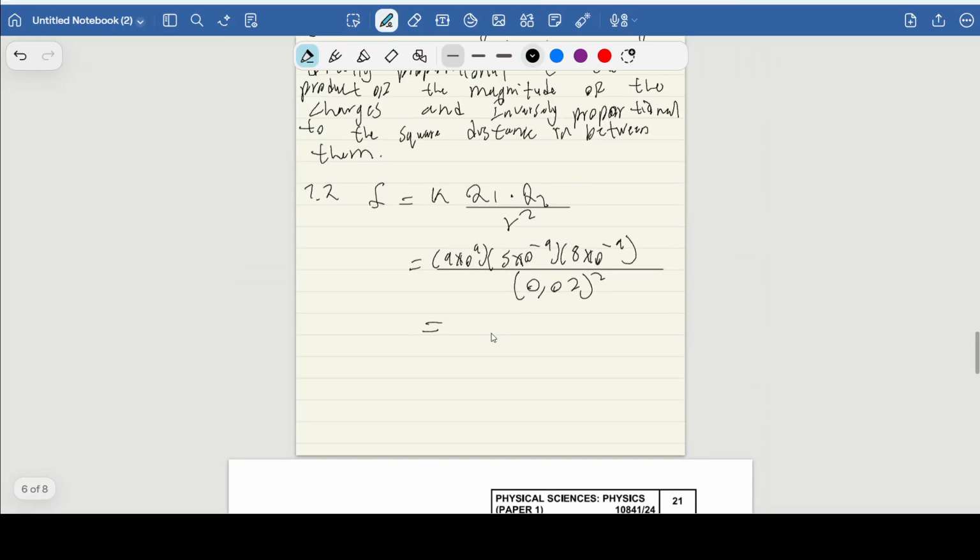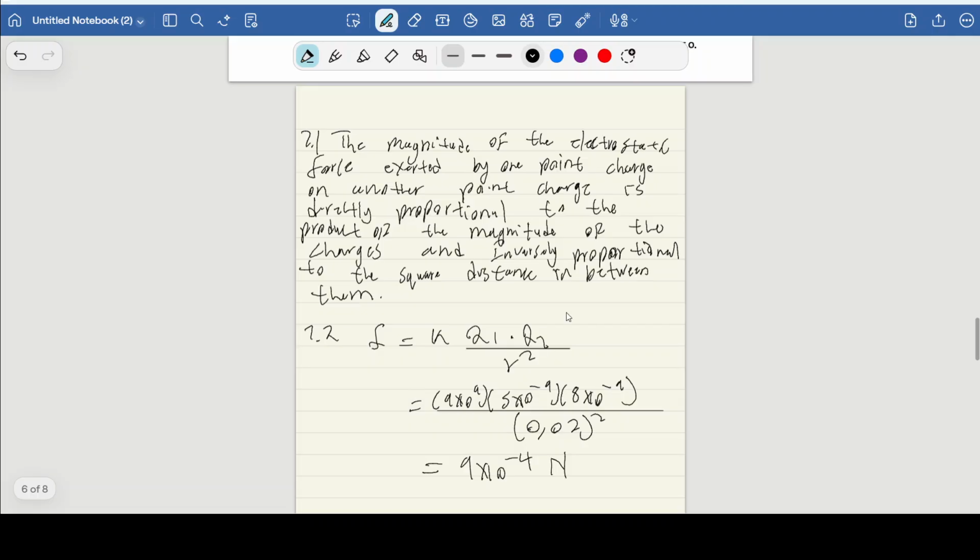Now the answer that I'm getting is 9 times 10 exponent minus 4 newtons. That is the force.